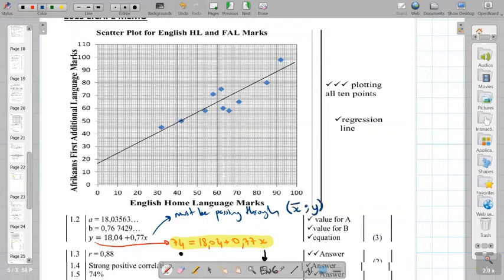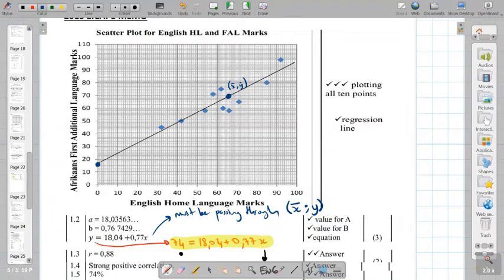And when the question asks you to draw, you need to show that it's around 18, and the mean value, wherever it is, I'm just guessing, maybe the mean is somewhere here. So the mean of X and Y must be shown to be on that line.